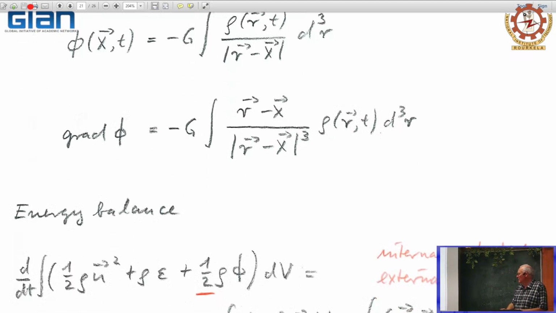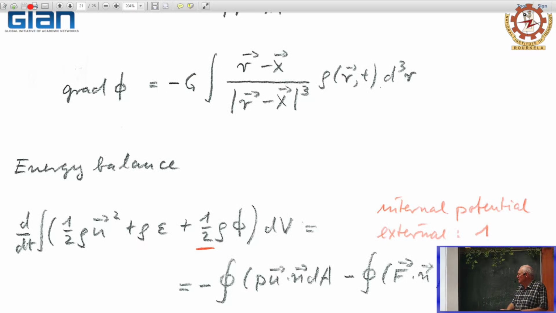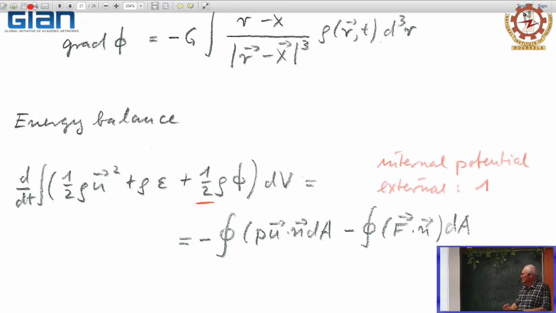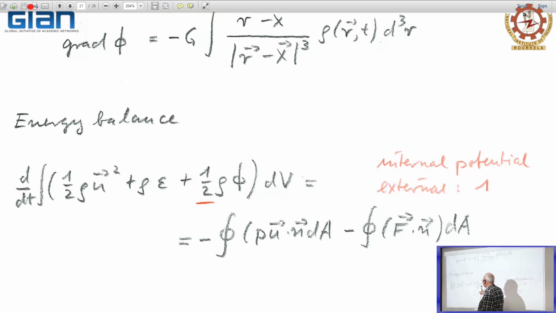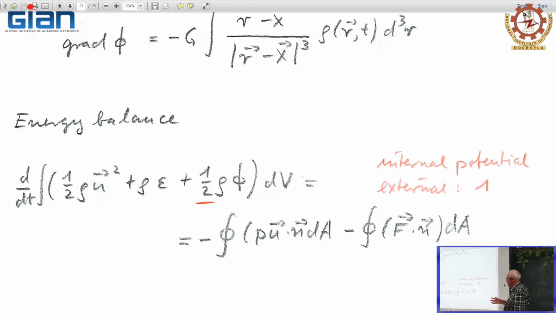So the energy balance will finally read as follows. Once we take an integral over the potential, the change with time of kinetic energy, thermal energy plus gravitational energy is given by the flux of energy through the surface, either the acoustic flux or the thermal flux.